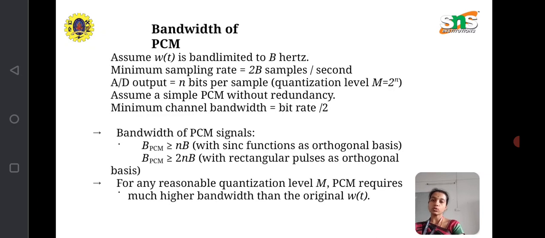Minimum channel bandwidth will be bit rate divided by 2. Bandwidth of PCM signal B PCM is greater than or equal to nB with sine functions as orthogonal basis, whereas B PCM is greater than or equal to 2nB with rectangular pulses as orthogonal.